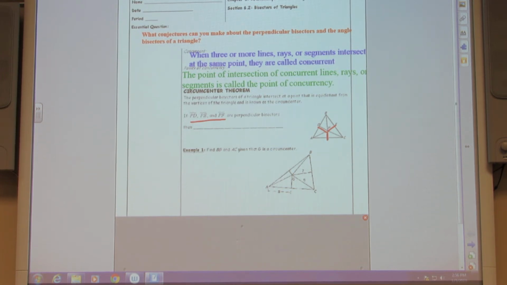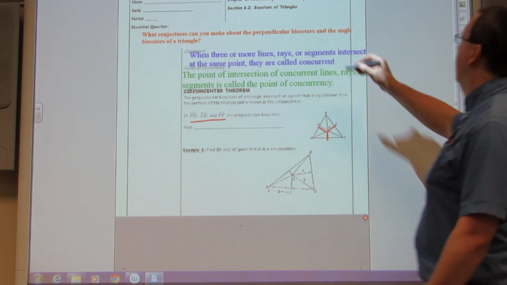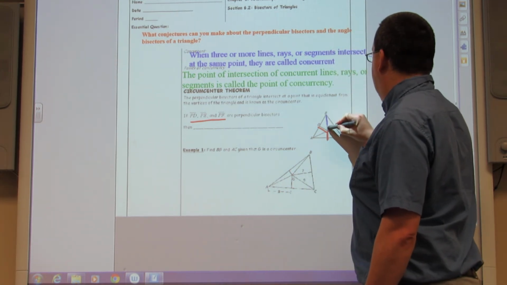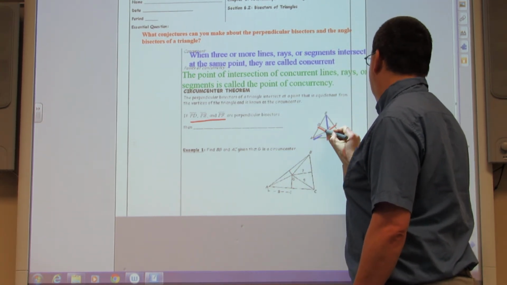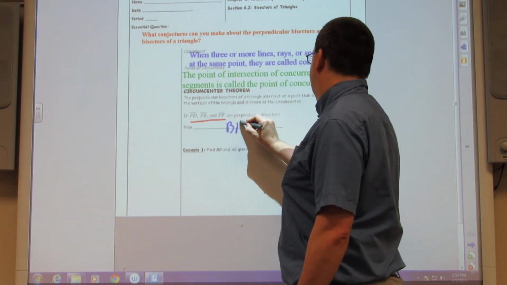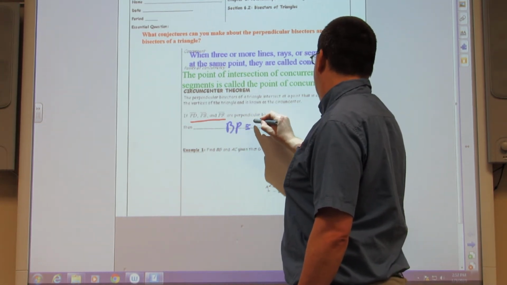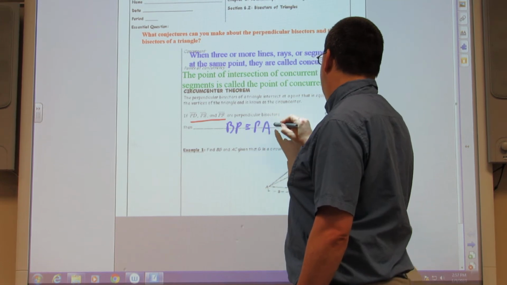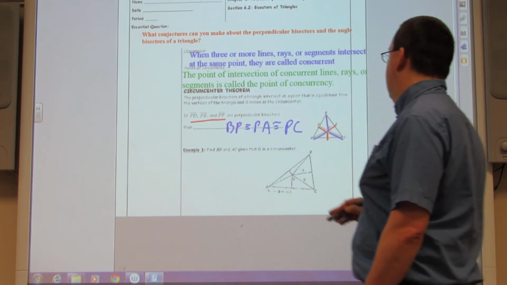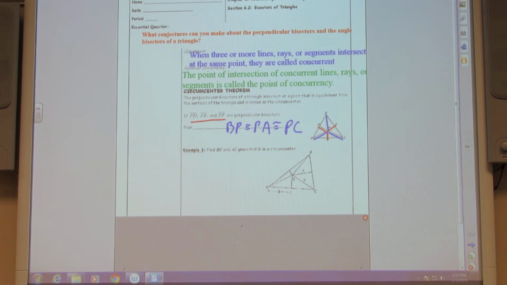What I then know is that point P is the same distance from all three vertices. So BP, CP, and AP are all congruent. Those blue lines are all equal. The segments on the outside are cut in half by the perpendicular bisector.